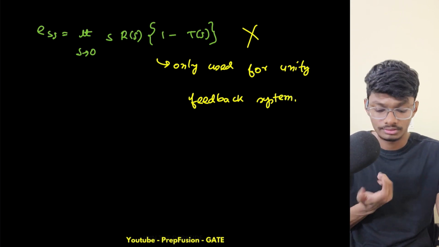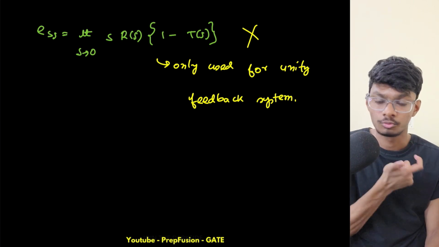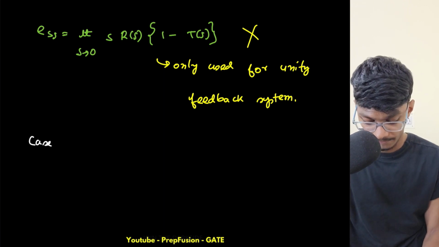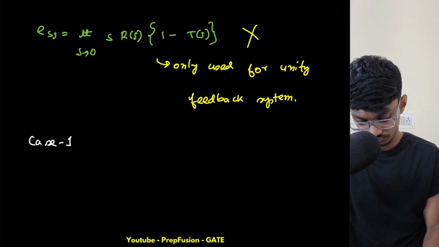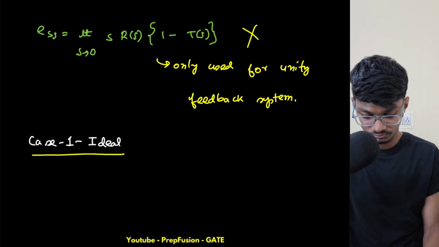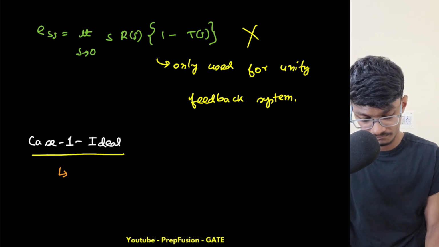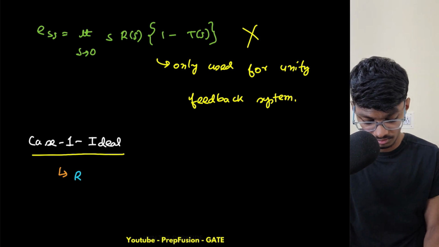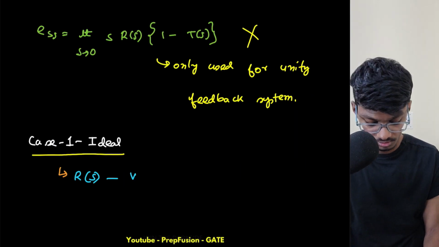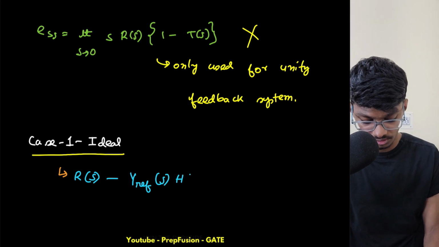Now how will I calculate? As I mentioned, first I will calculate the ideal case, and I will calculate my reference output from that ideal case. So case 1 is ideal, then obviously R of s minus Y reference of s into H of s should be equal to 0.